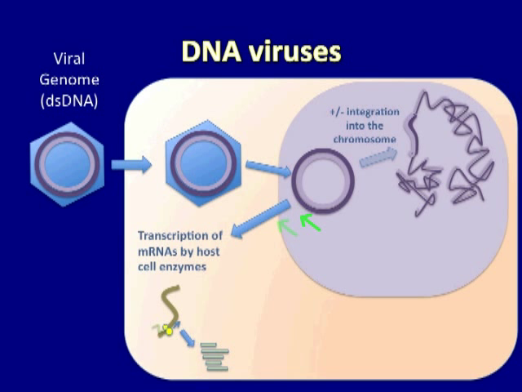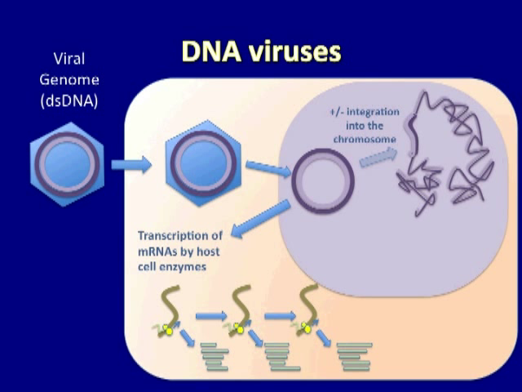Viral mRNAs are transcribed from the double-stranded DNA genome just as they would be from host cell genes. However, DNA viruses are among the most complicated viruses that infect humans, and therefore with a huge number of gene products attributed to the virus, these viruses tend to sequence the translation and transcription of various viral genes.